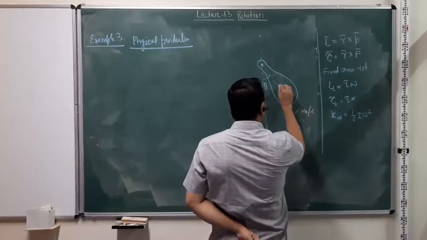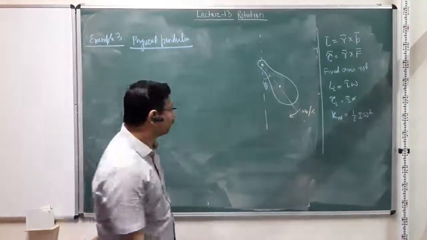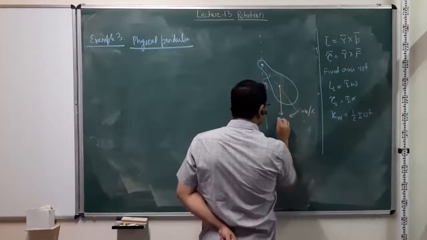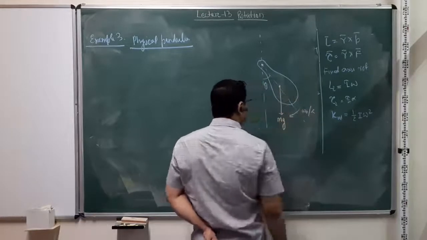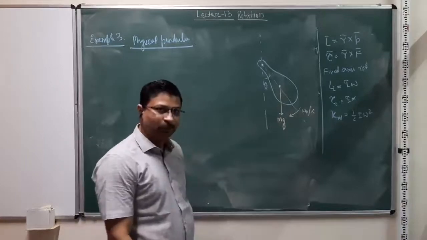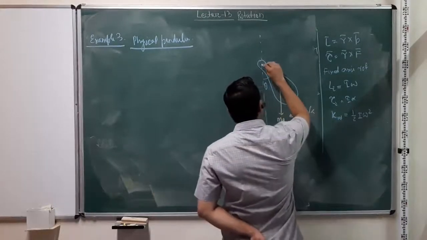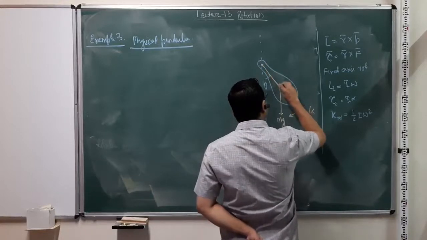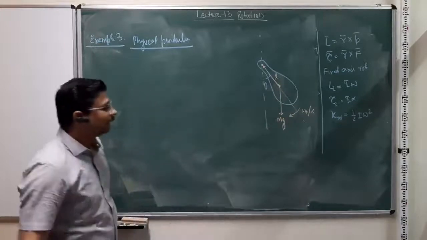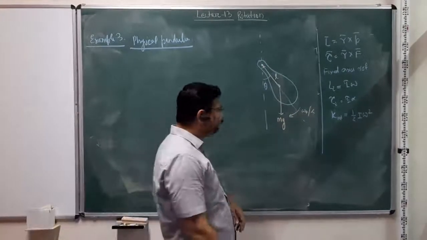So for that, I need to find out which force is providing the torque. So if this is the center of mass and mass of the object is m, then mg acts at this point, right? That we know, that's how we define the center of mass. And let us say that from the pivot point to this center of mass, we have length L. Right? So we don't care about what is the size of the object and all that.